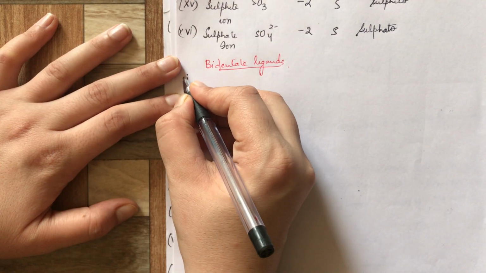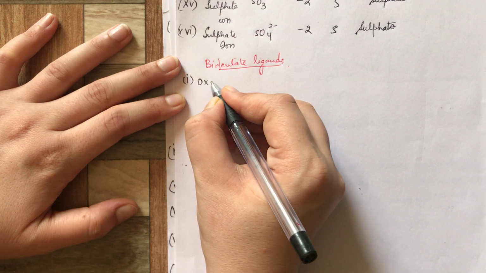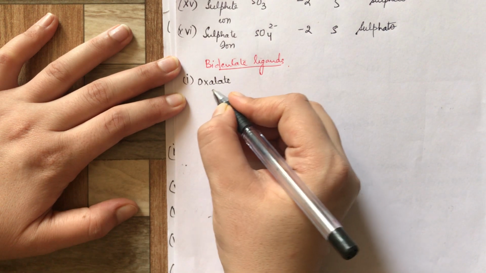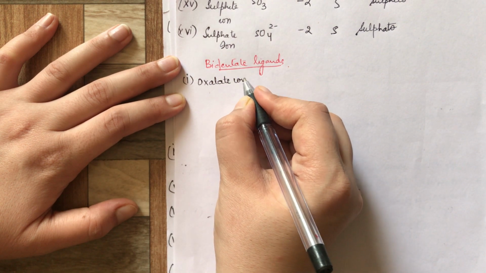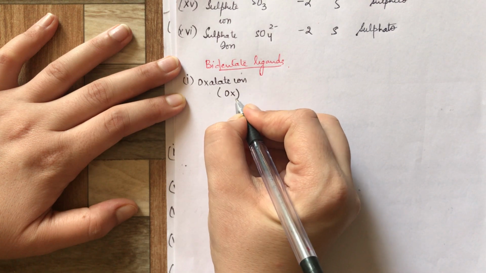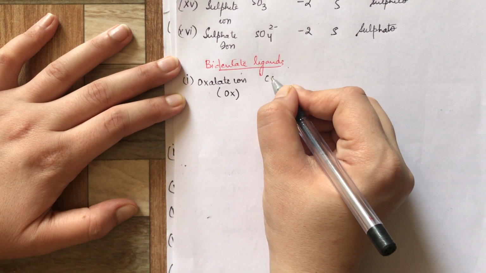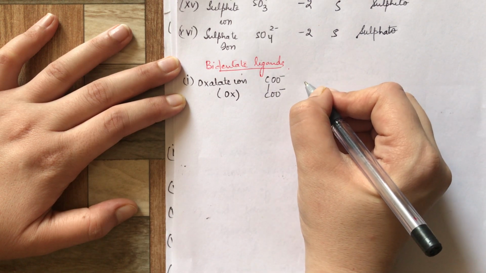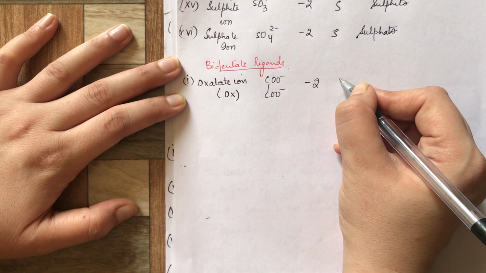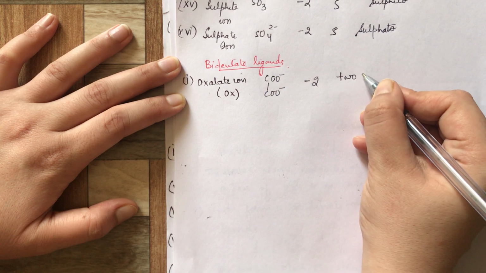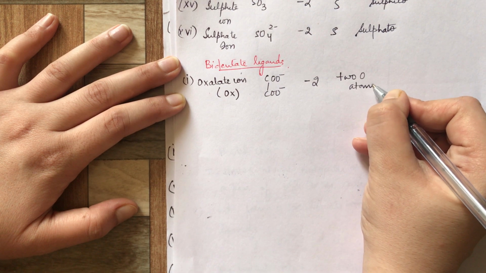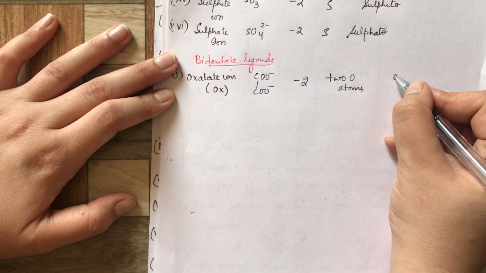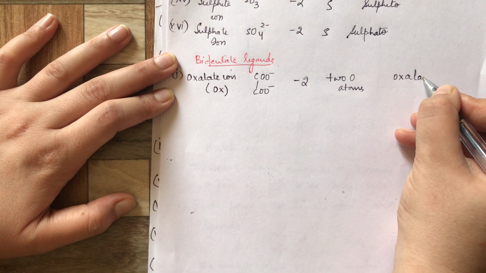The first one is the oxalate ion, represented by ox. The structure is COO negative, COO negative. The charge is minus 2 and the donor atoms are 2 oxygen atoms, and it is called oxalato.